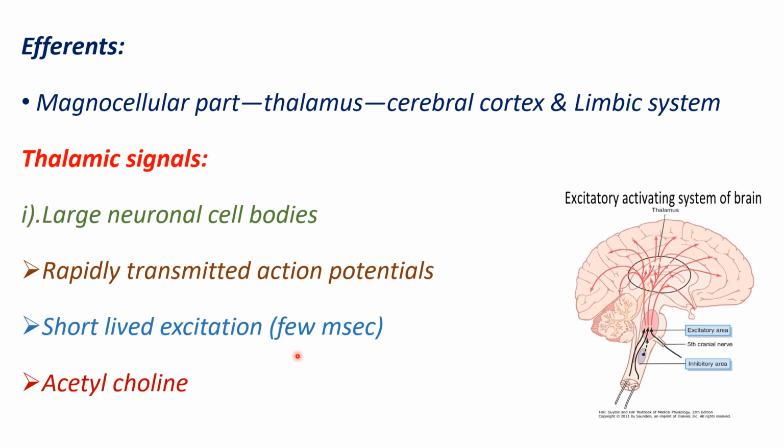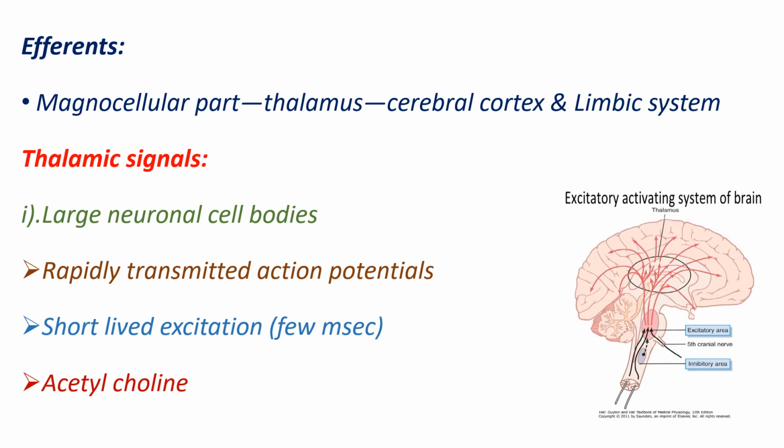It's a short-lived excitation. Especially these arise from larger neuronal cell bodies like the magnocellular part. Their nerve endings release acetylcholine, an excitatory neurotransmitter. So the excitation from these neurons is short-lived, destroyed after a few milliseconds.